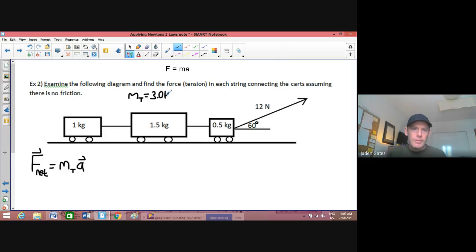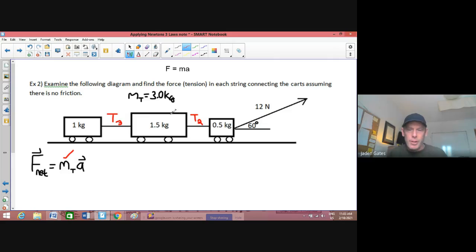All right. Now these objects are moving horizontally. And as I said, I've got my mass and I want to find the tension in each string. So let's see here. This is one rope, and the force is 12 newtons on this rope, but I want to know T2, the tension on this rope, and T3, which is the tension on our third rope.